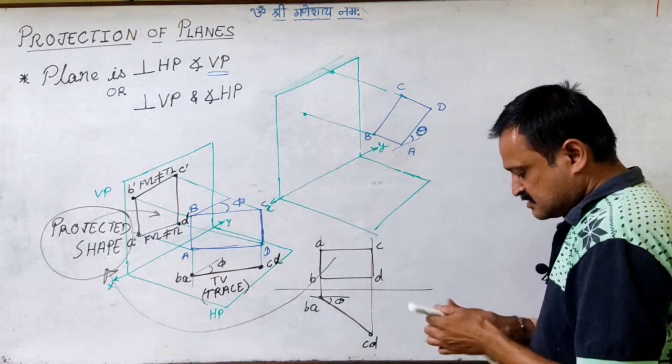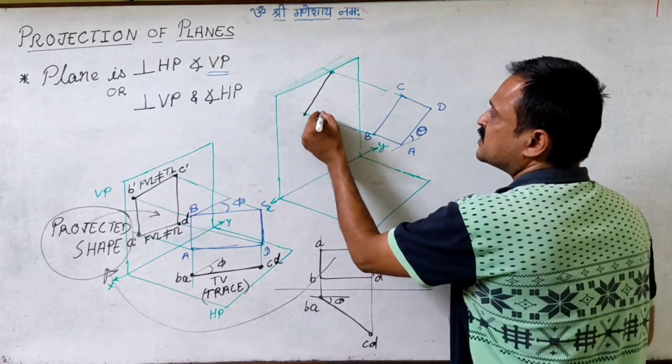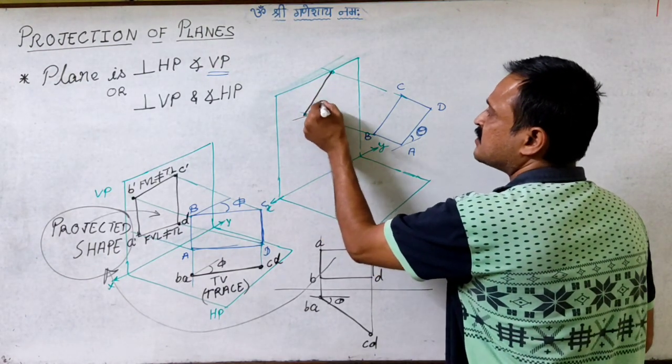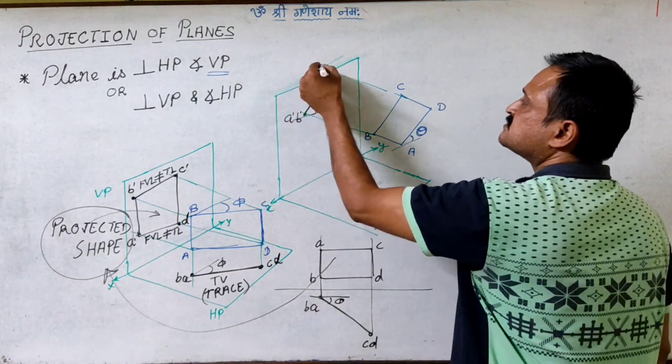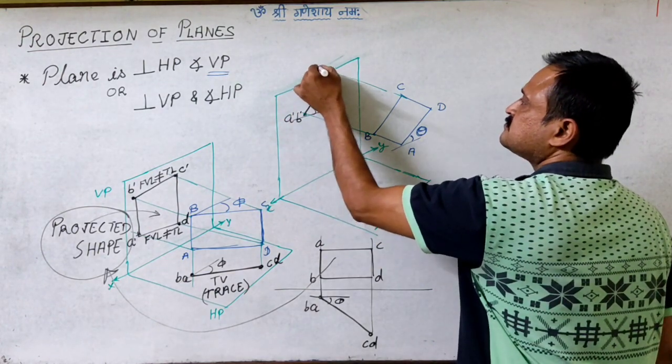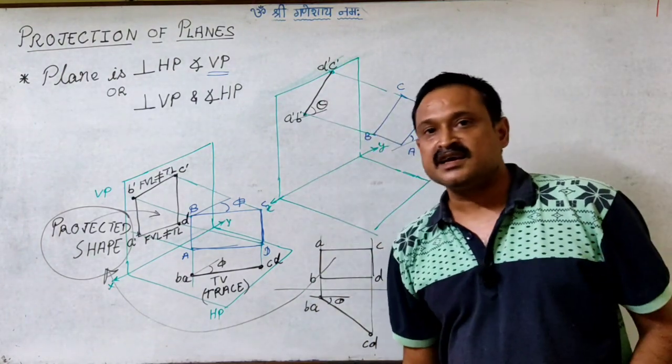So we get the front view image as the trace image, but the trace is inclined at theta. So this is A dash, B dash, this is D dash, C dash. So we are getting the trace to be inclined.